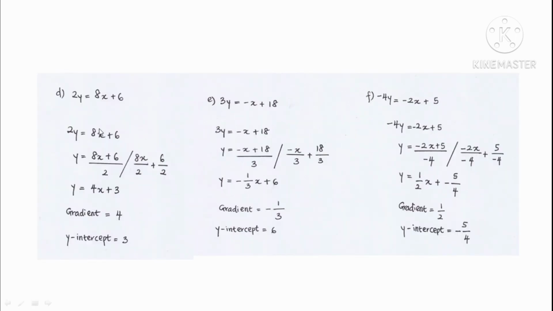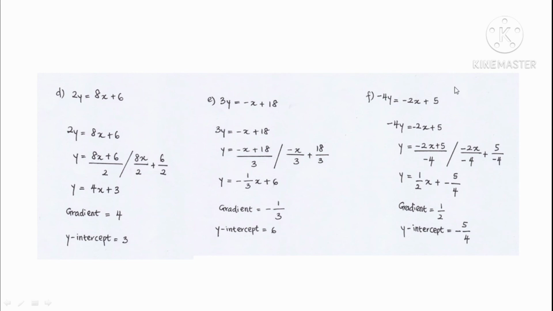For D, the equation is 2y equal to 8x plus 6, where the gradient is 4 here and the y-intercept is 3. So for E, the given equation is 3y equal to negative x plus 18. Get y equal to negative 1 over 3x plus 6. So the gradient will be negative 1 over 3 and the y-intercept will be 6.